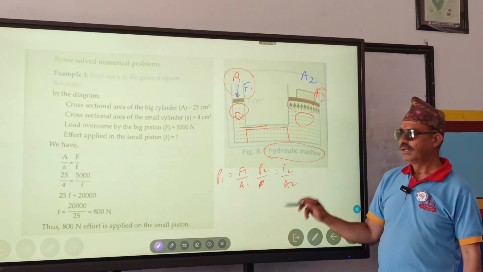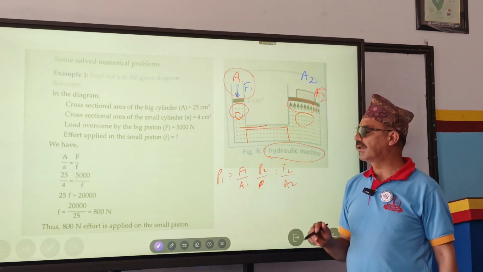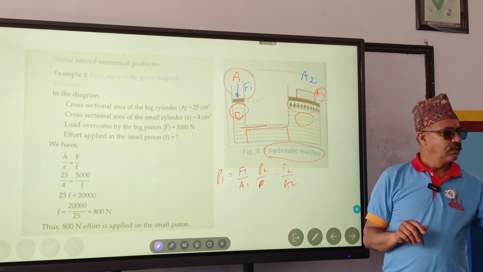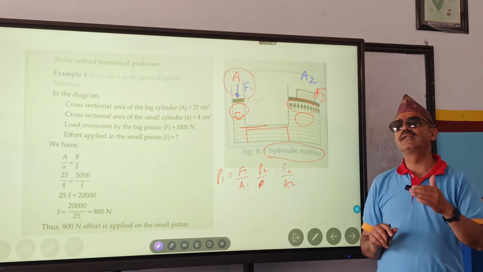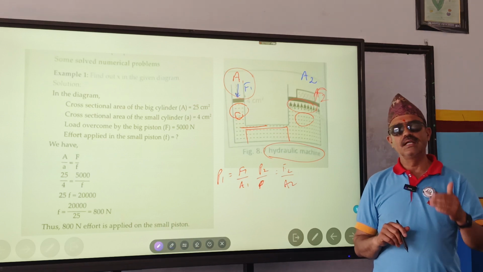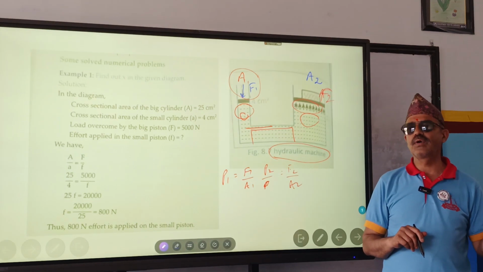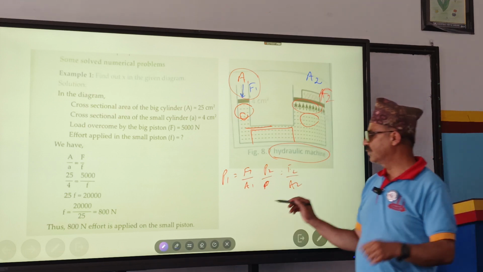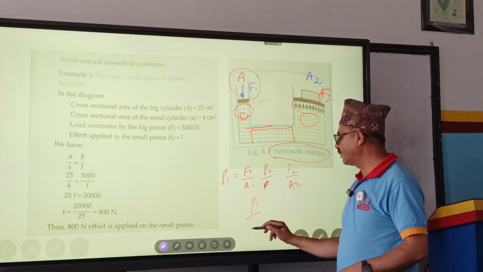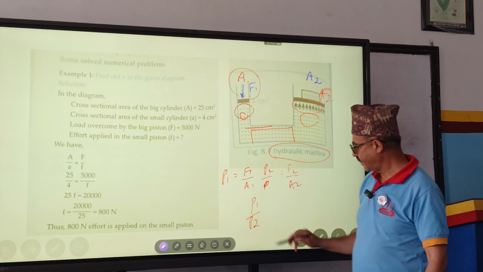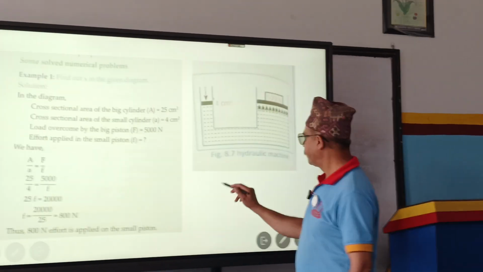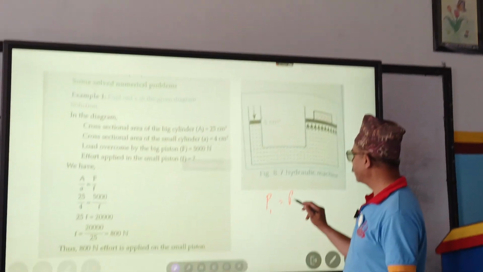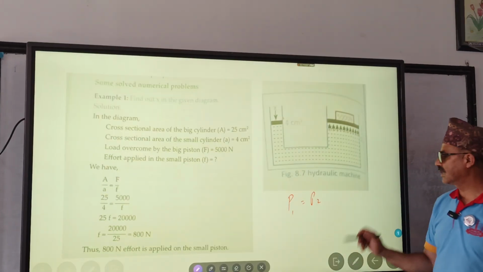Pascal's law, what does Pascal's law say? Liquids transmit pressure equally in all directions. If so, P1 equals how much? P2. Both pressures are equal.